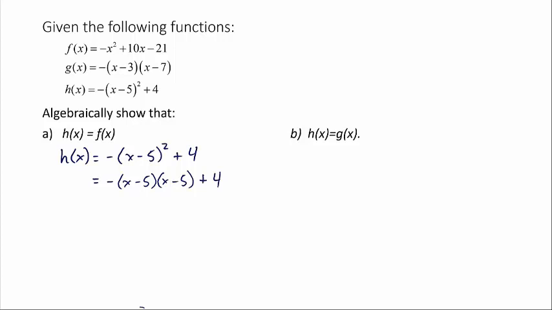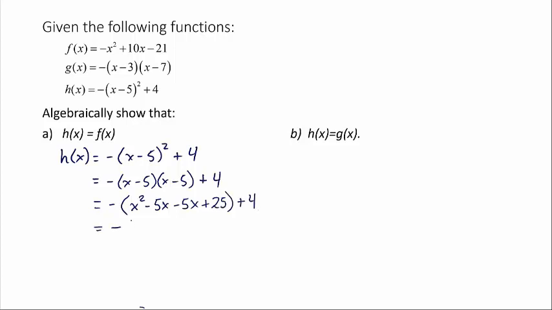You can't just square the individual terms in the binomial. We FOIL that, we're going to have x squared. What's the middle term going to be? Negative 5x minus 5x, so we've got the outer and the inner there, and then plus 25 plus 4, okay?